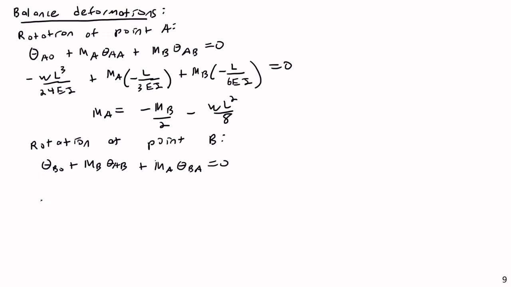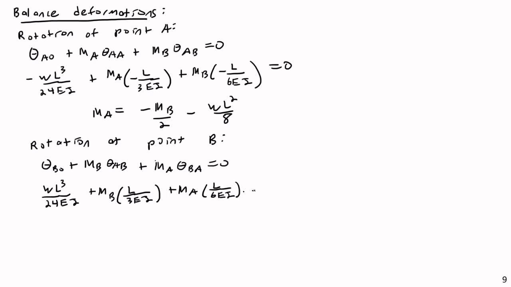So WL to the third divided by 24 EI, plus MB times L over 3 EI, plus MA times L over 6 EI.